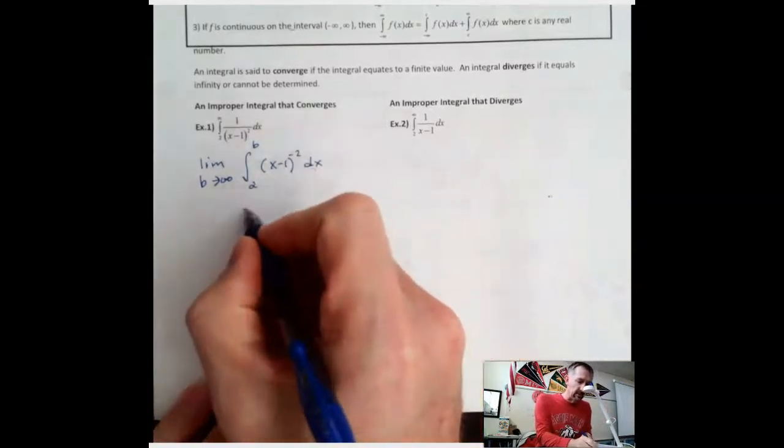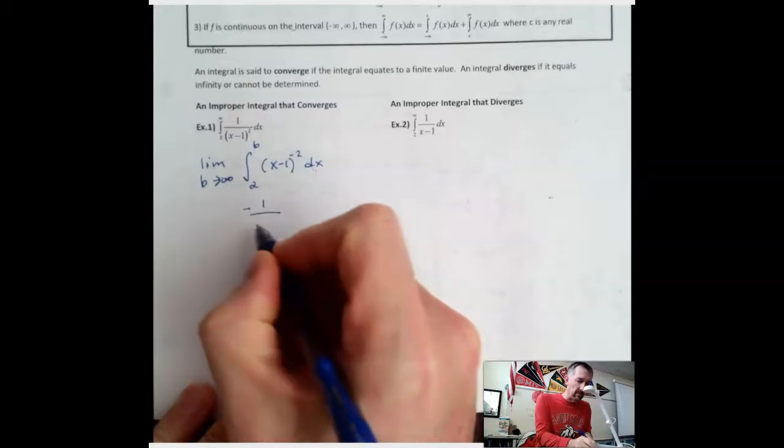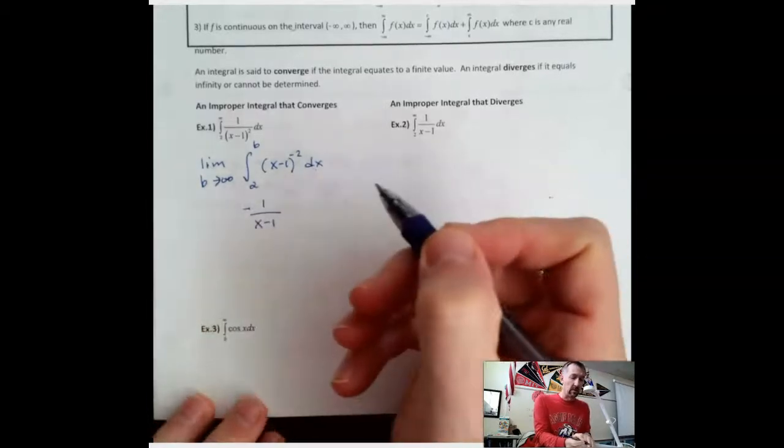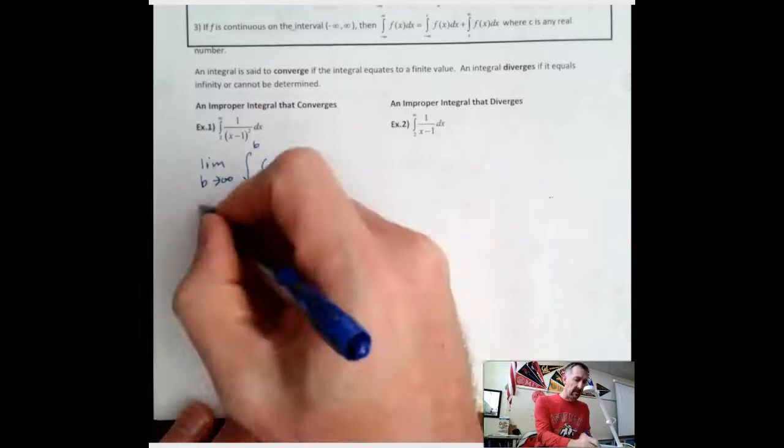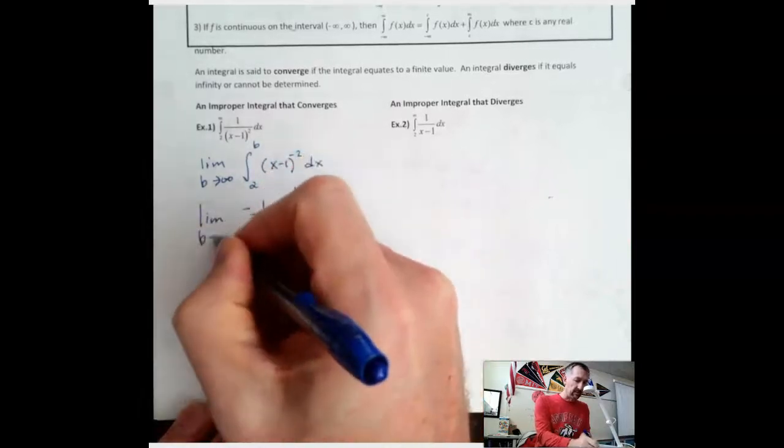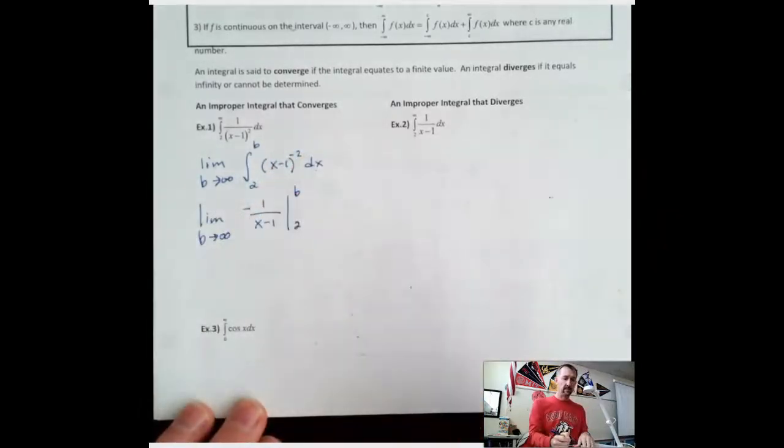That would be negative, so we're going to have negative 1 over x minus 1, from 2 to b, and we're still taking the limit of that as b approaches infinity.